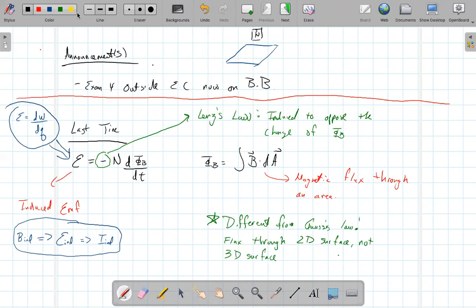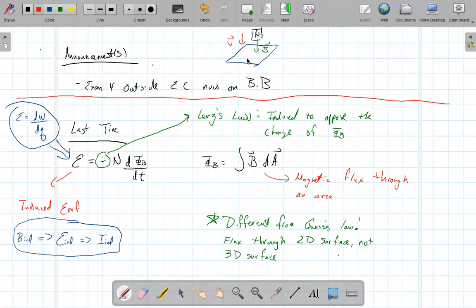If I take my bar magnet, which has magnetic field pointing downward, and move it towards my loop of wire, that's going to induce a current by inducing a magnetic field on the interior of this coil.